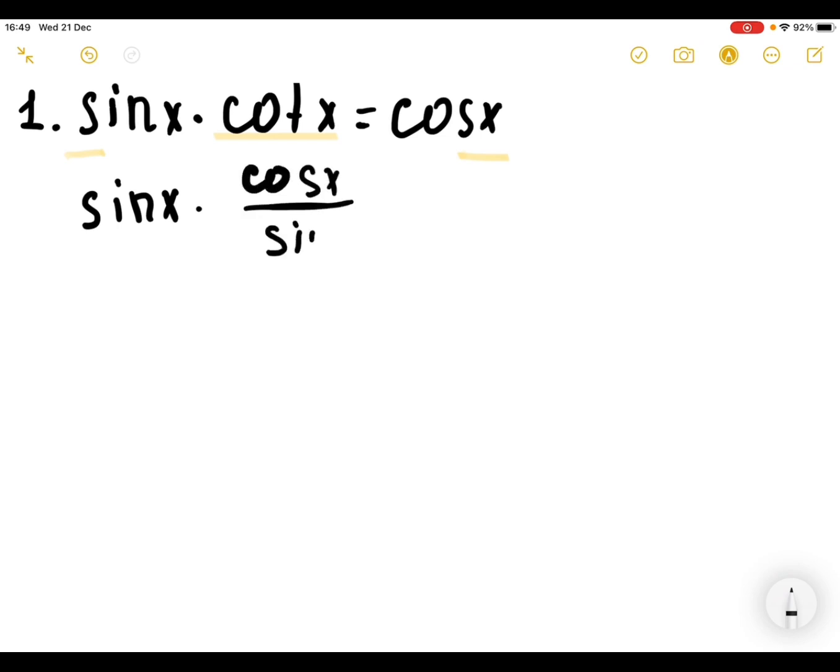And here you have sine x multiplied by cosine x divided by sine x. You have two sine x, so you can simplify them, and here will be cosine x. We have obtained the right-hand side and the verification is complete.